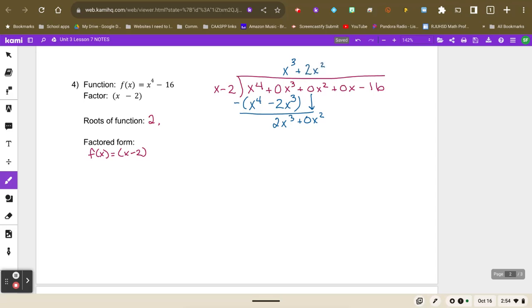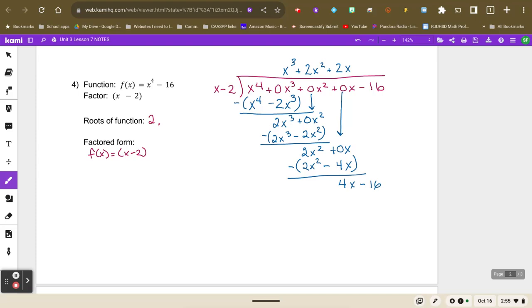2x squared. So we get 2x cubed minus 2x squared. Parentheses, simplify it. We get 2x squared. Bring down the next one, plus 0x. And we know it could be, again, a 2x. And this will be 2x squared minus 4x. We get 4x minus 16.